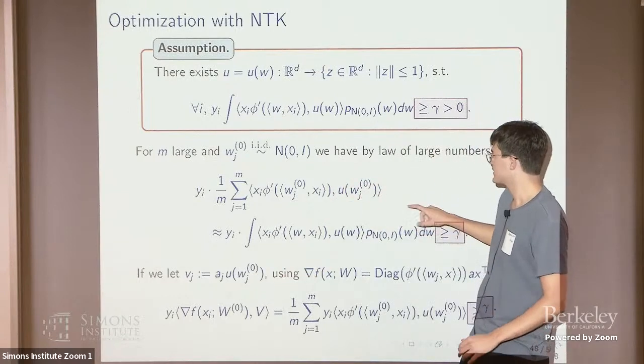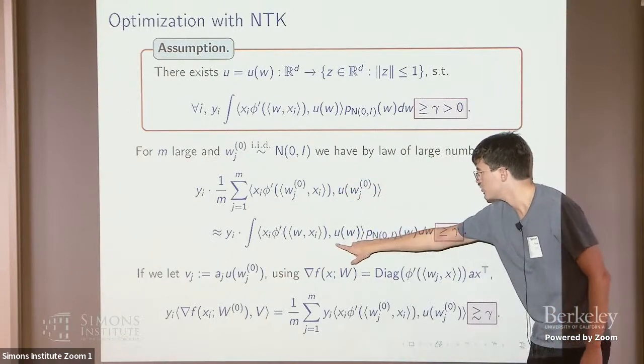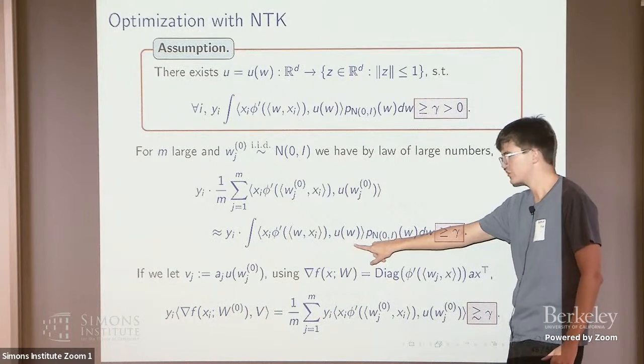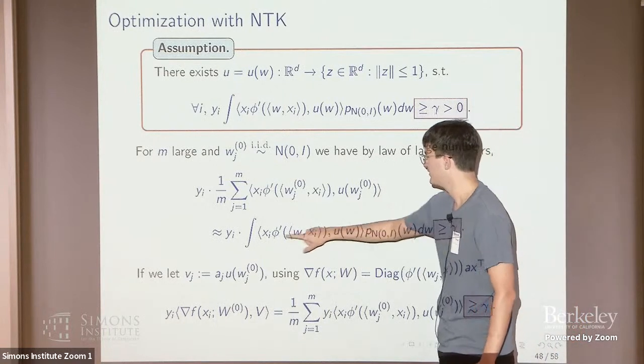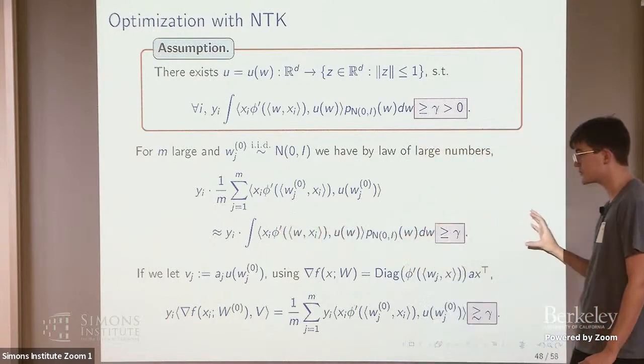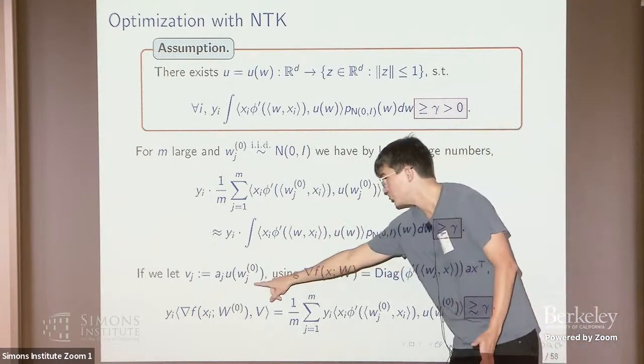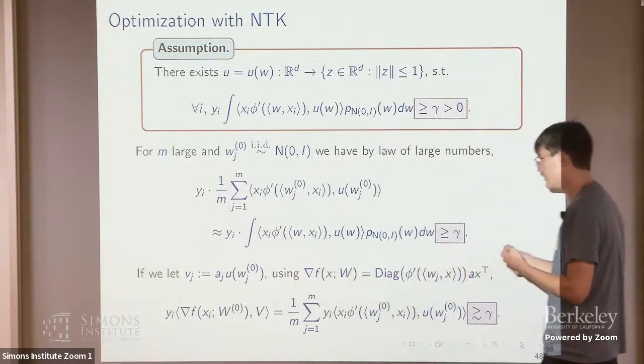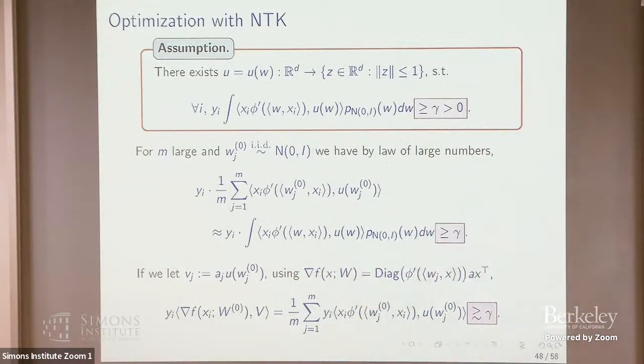Why are we doing this? It's because we have this U of W here, which suggests that we're taking U of W as a linear function that we're going to use of the gradient features. So that suggests using that U of wj0 for the jth neuron to do classification.